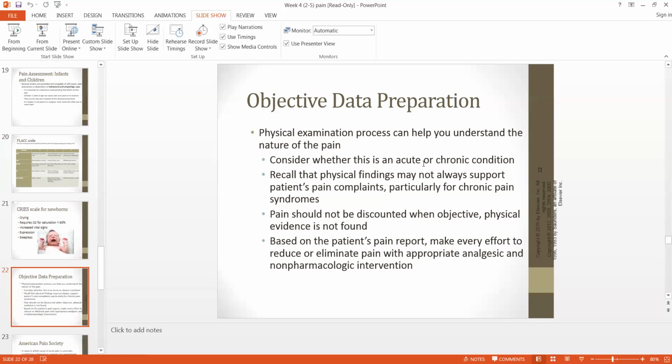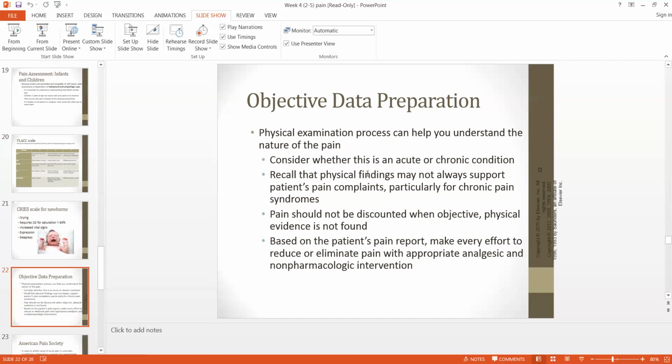So we have to think acute or chronic. Again, acute, sharp onset, self-limiting, usually not much more than 6 weeks, maybe go to a couple months, but chronic is definitely 6 months and longer, to however long this person is going to report it.